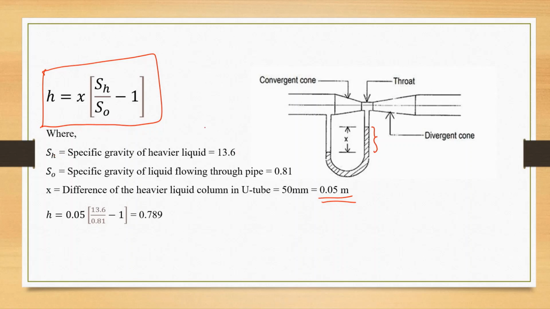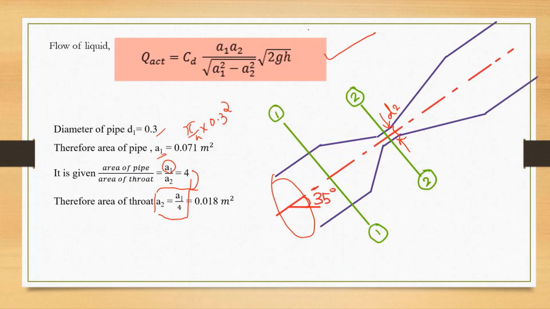Here the heavier liquid is mercury, whose specific gravity is 13.6, and SO is the specific gravity of the liquid, here petrol, which is given as 0.81. So we have SH, SO and X, and from there we can calculate H, which can be applied in this equation.